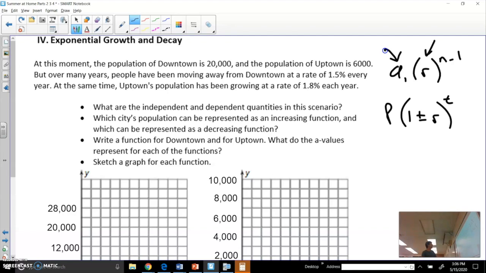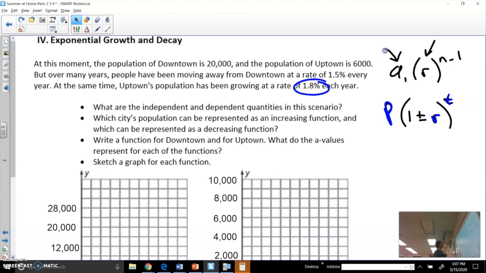Well, for population questions, we have what's called the principal value, and then we have our common percent ratio, or our percentage rate of increase or decrease, and then we're raising it to our time. So a lot of similarities between these formulas. You have a starting multiplier, something in parentheses as your ratio, and then some exponent value on the parentheses.